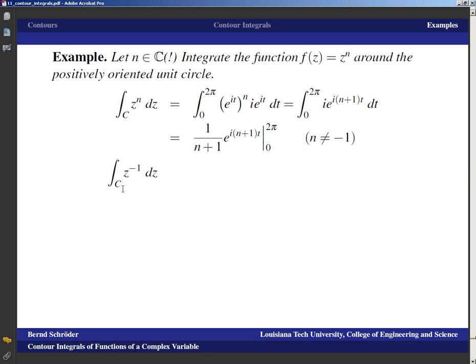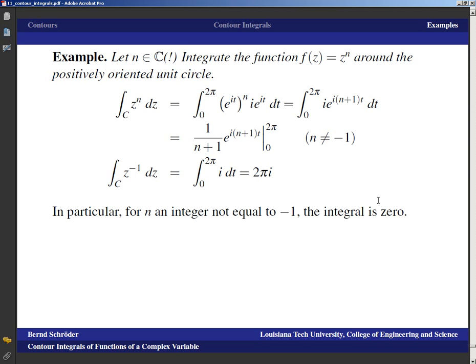And for n equal to negative 1, the integral over c of z to the negative 1 dz is the integral from 0 to 2 pi of i. Well, that actually is not a typo. When n is equal to negative 1, we get that this exponent here is 0, and that means all that remains is the integral of i, and that's 2 pi i.